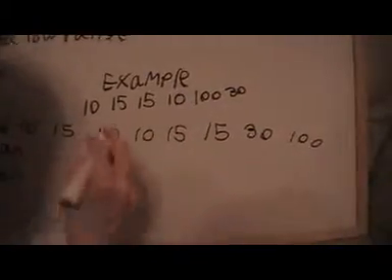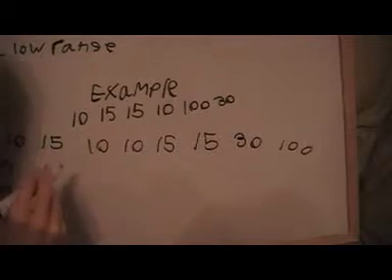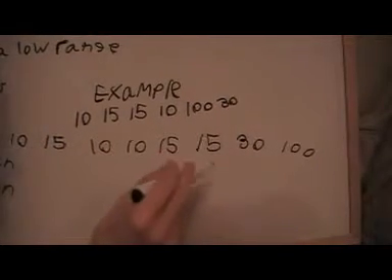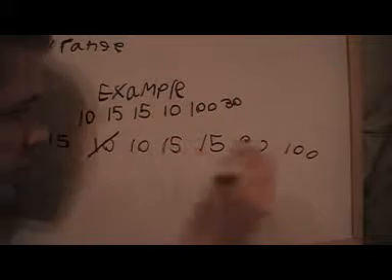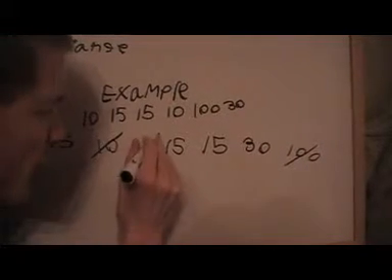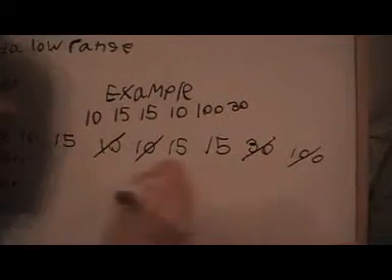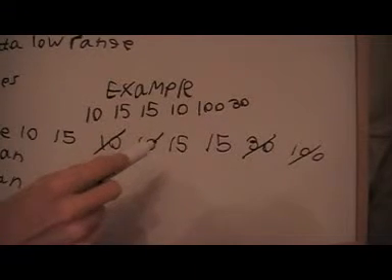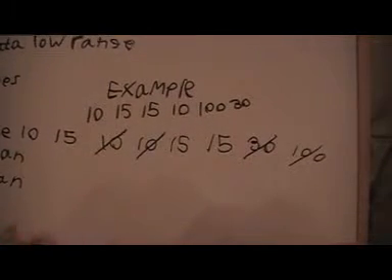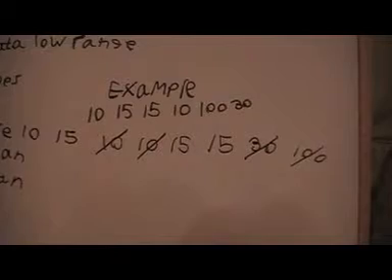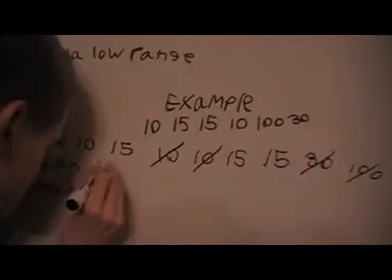We'll find the 2 middle ones. One way you can do this, if you've got a long list and you can't keep track of where you're going, is to cross off the end ones. And we've got 2 15s in the middle. When we add them up, we get 30 divided by 2, 15, so the median is 15.